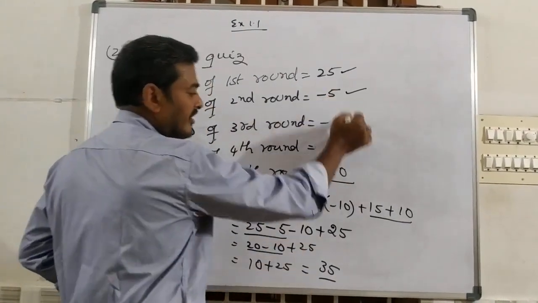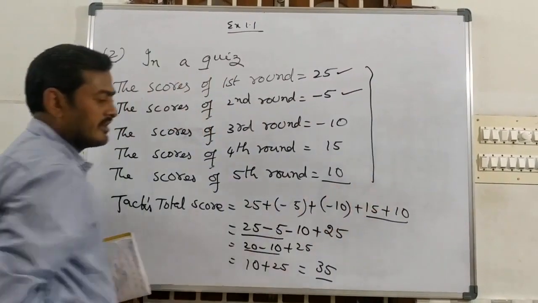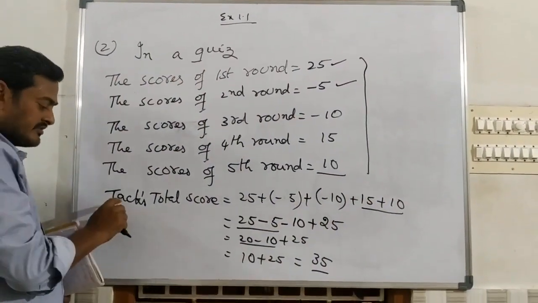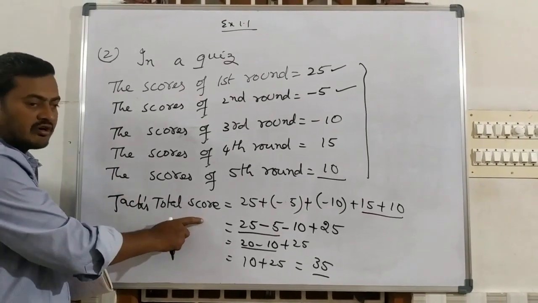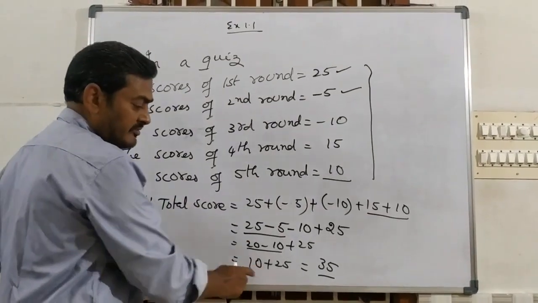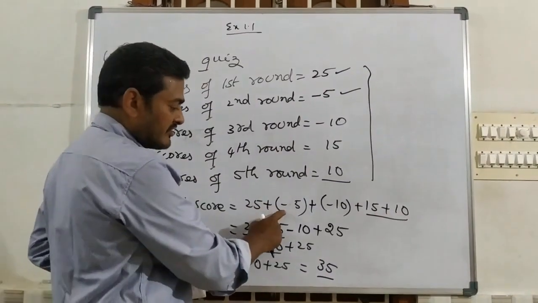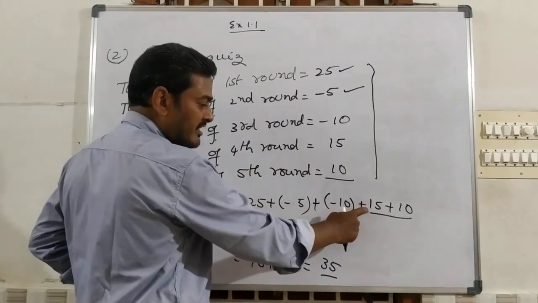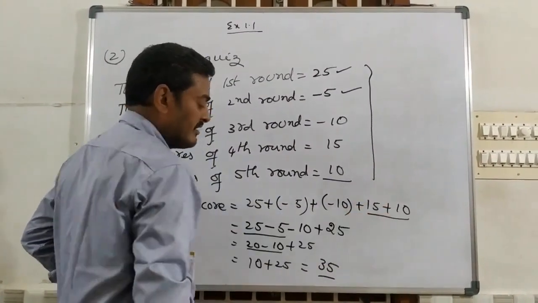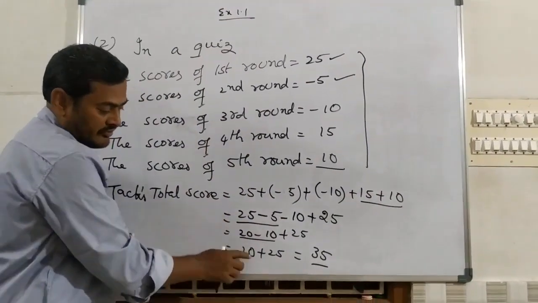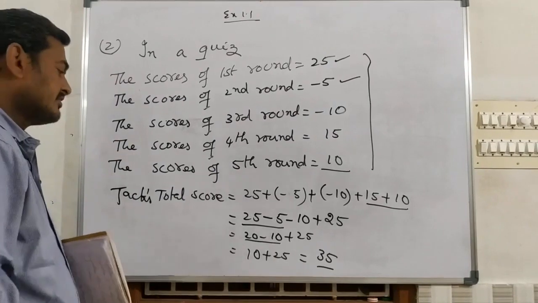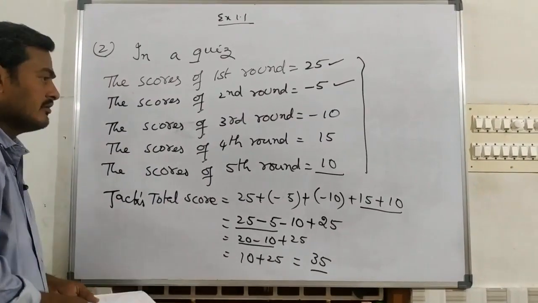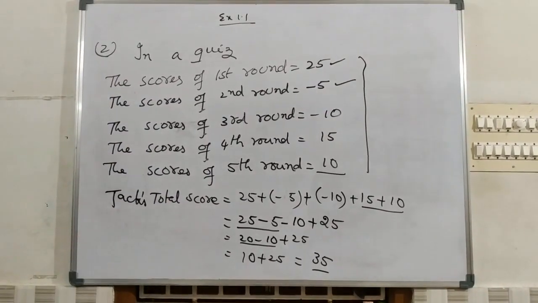Now a person Jock played in the quiz program. The total score of Jock, if you add all the things, is 25 minus 5 minus 10 plus 15 plus 10. If we simplify, we get the answer 35. 35 is the end score.